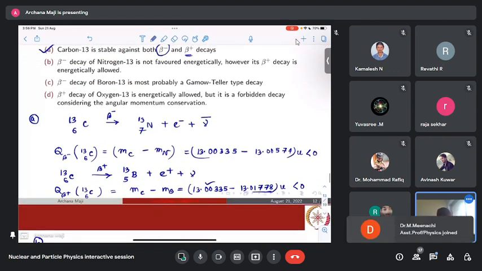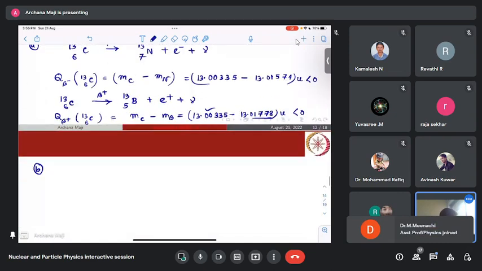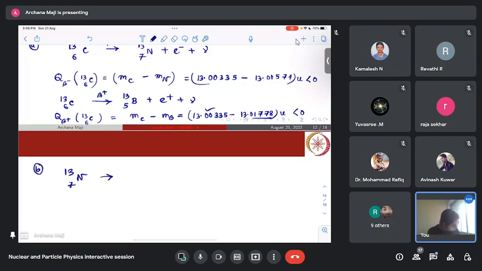Nitrogen 13 becomes oxygen 13 under beta minus decay.